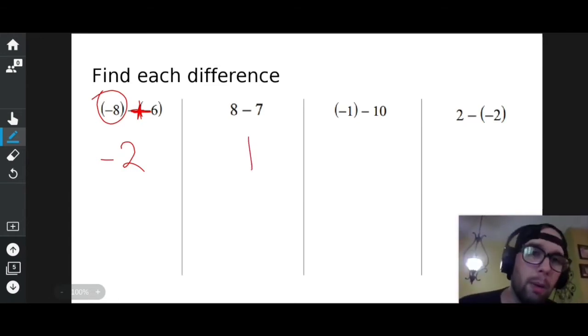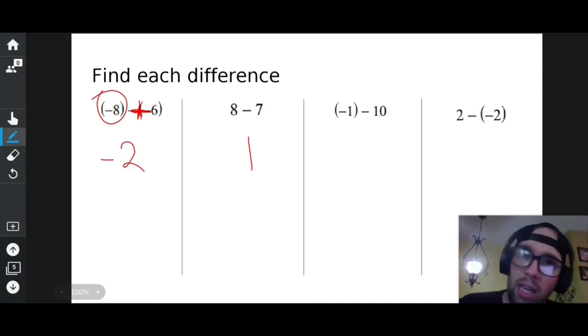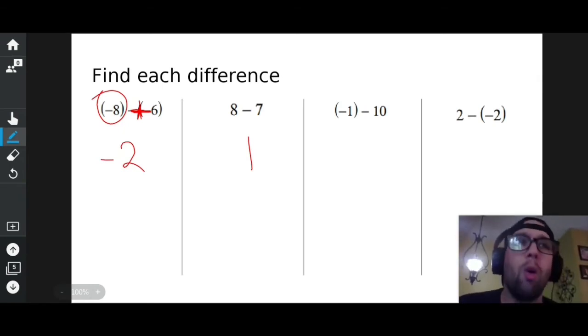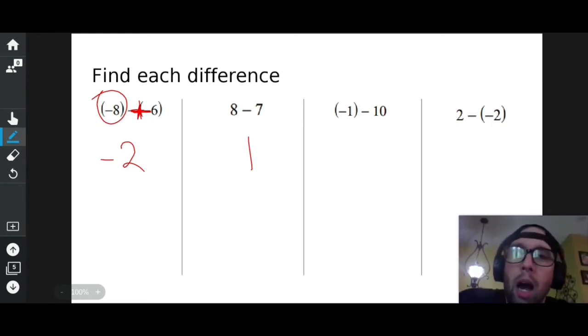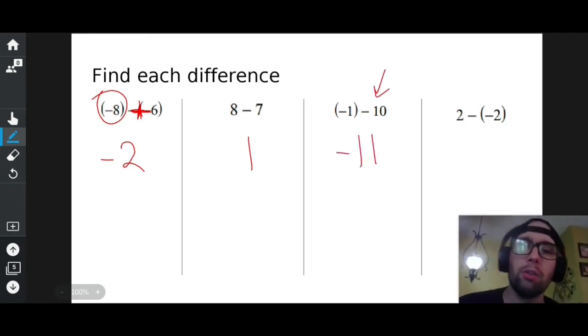Nothing crazy there. I have negative 1 minus 10. A negative minus a number is just making it more negative. So I owe $1 to somebody and someone's now taking away $10 more from me. I'm now going to owe $11.